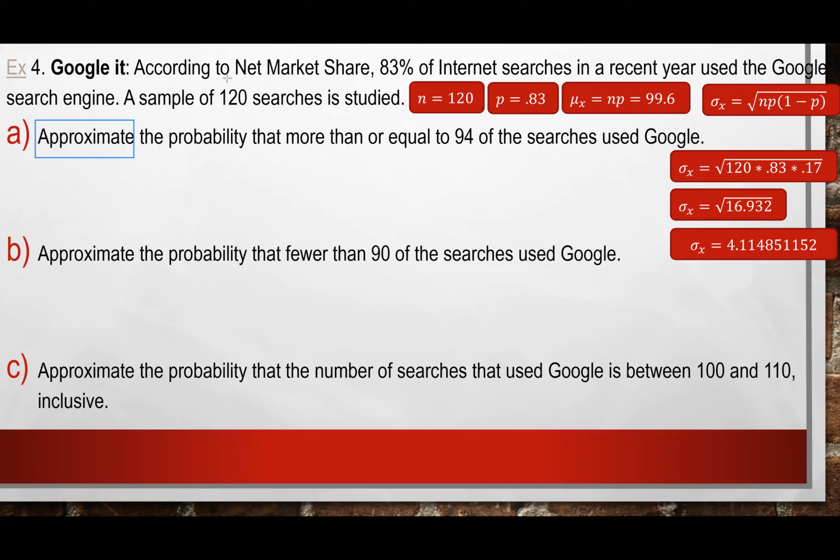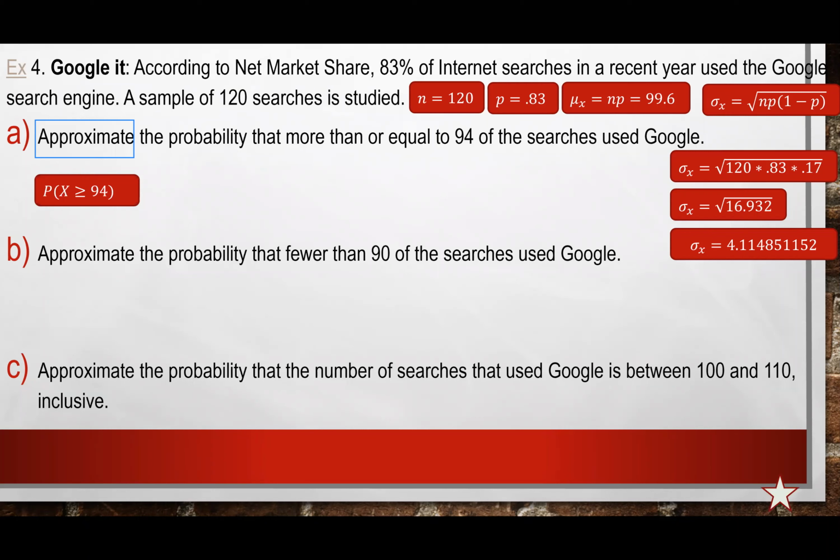So approximate the probability that more than or equal to 94 people use Google. Do you agree that more than or equal to means X is greater than or equal to 94? More than means bigger than, or equal to, which means we have an equal sign.